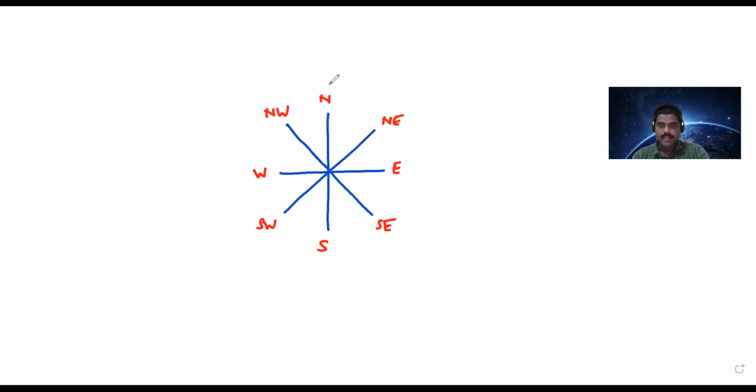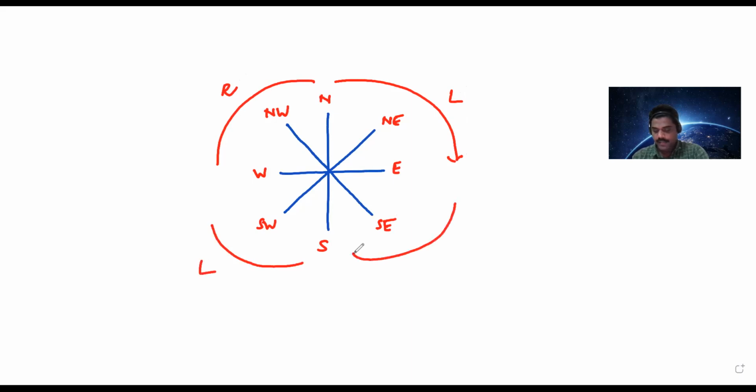For a person at north, this is his left side and this is his right side. And for a person at south, this will be his left side and this will be his right side. Knowing this is very, very important.